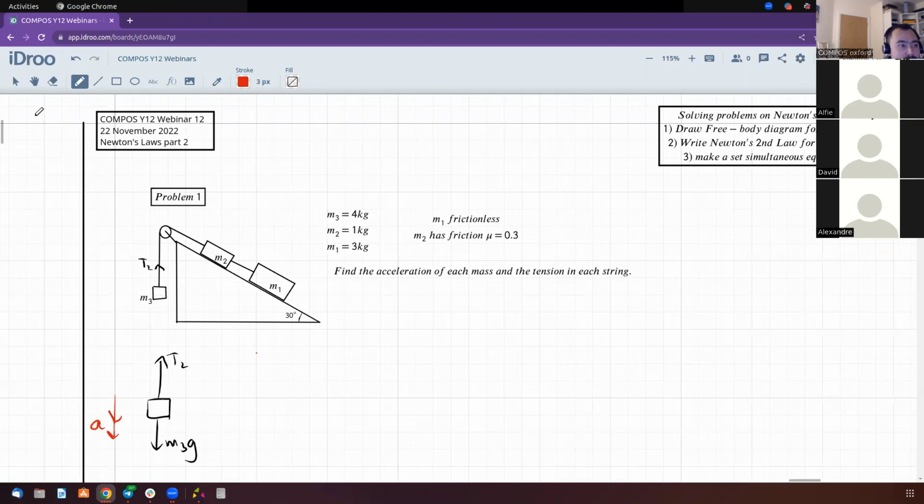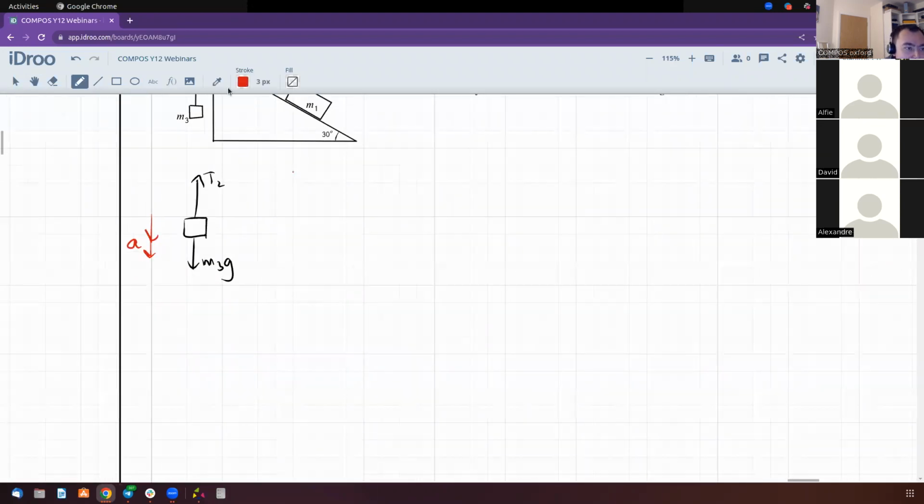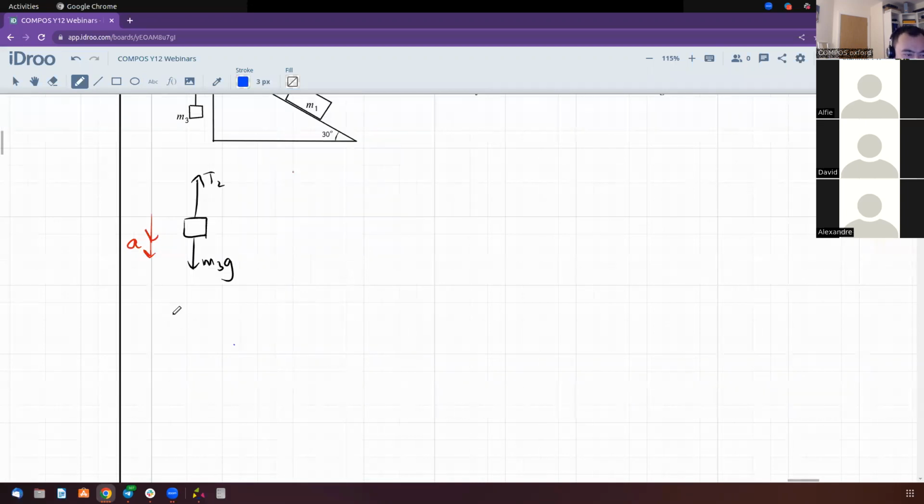It will accelerate downwards. And now I write Newton's second law. It's very important to do it very accurately. Newton's second law is written in the following way: mass times acceleration equals resultant force.